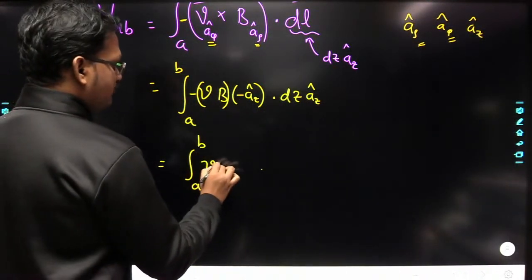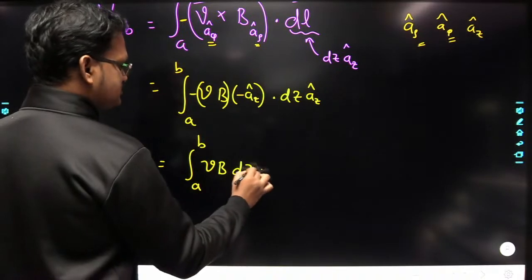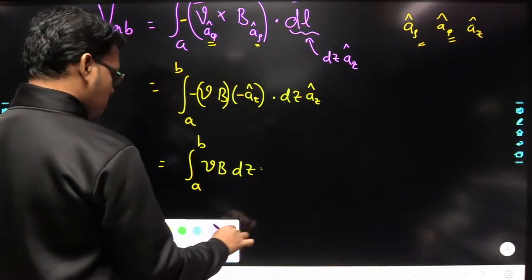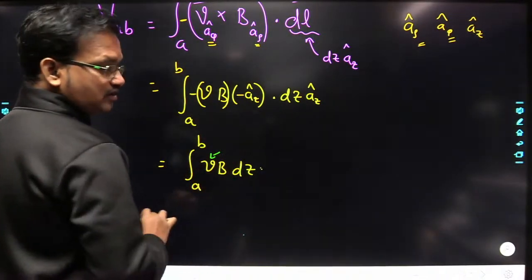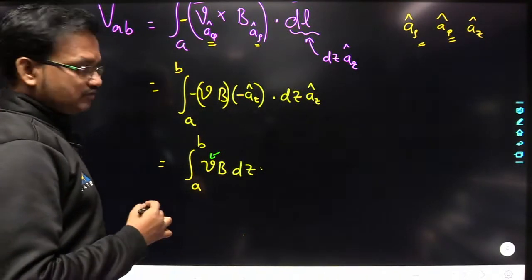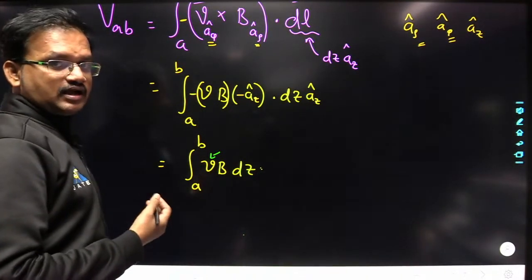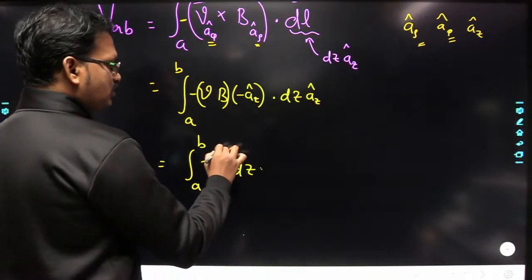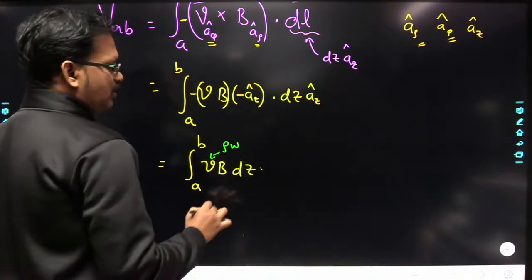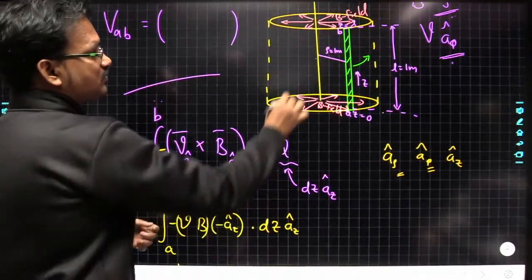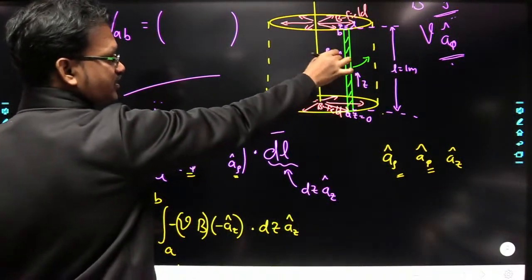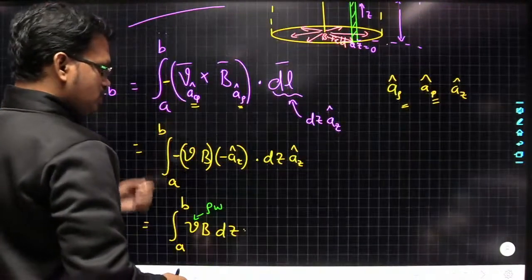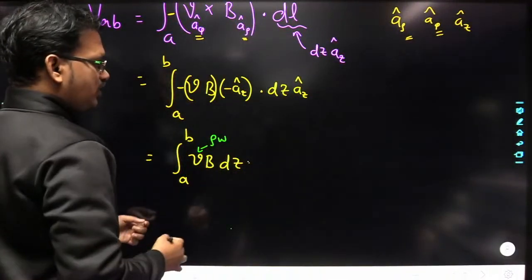You are going to get V B dz. Now you have to replace V. What is the relation between velocity and angular velocity? V is rho into omega, where rho is the radius. So V you can replace with rho into omega.